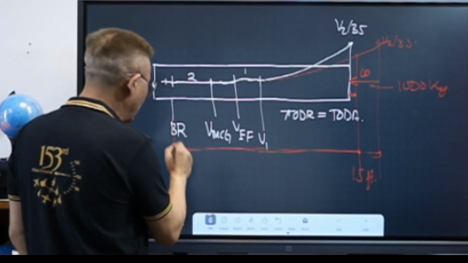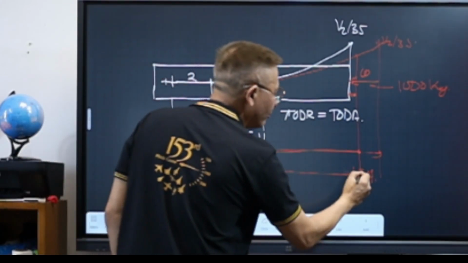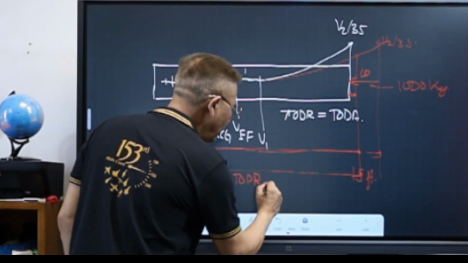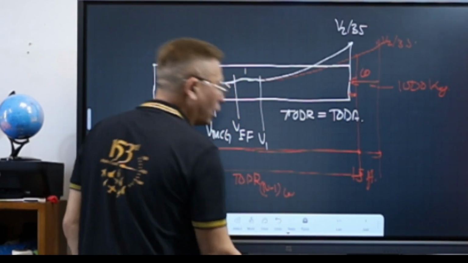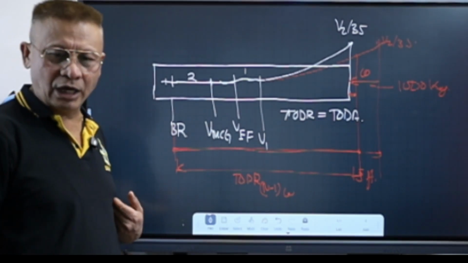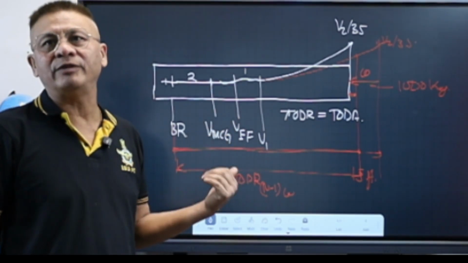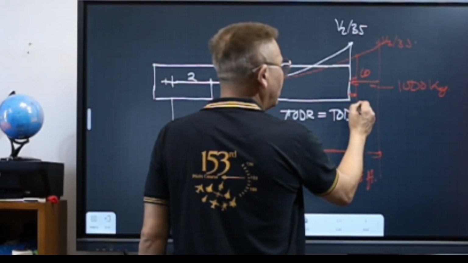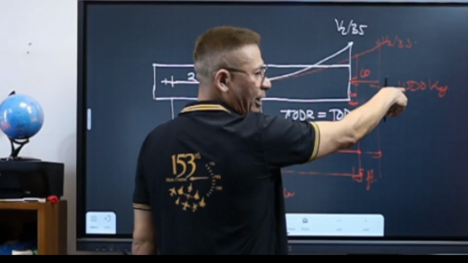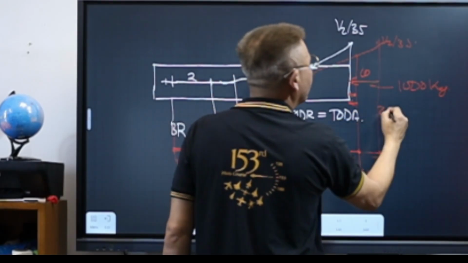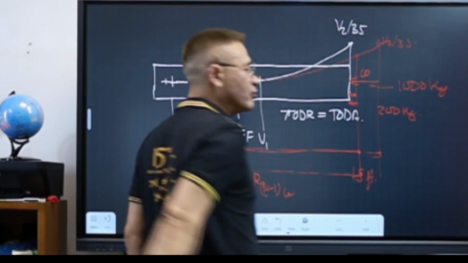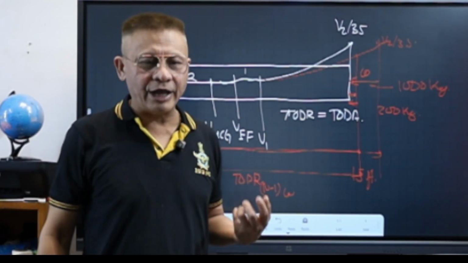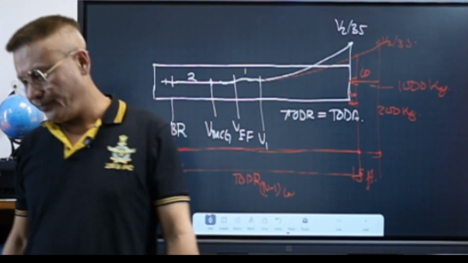This distance is what we call the takeoff distance required, TODR, with N-1 on a wet or contaminated runway, where I have used the credit for reduction of the screen height to 15 feet. In this case, my weight penalty is much lesser as compared with the previous one, say 200 kgs. So instead of reducing 1,000 kgs, I can afford to reduce only 200 kgs and take off safely.